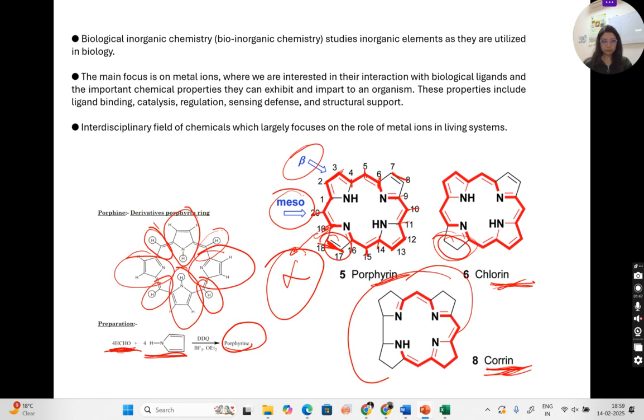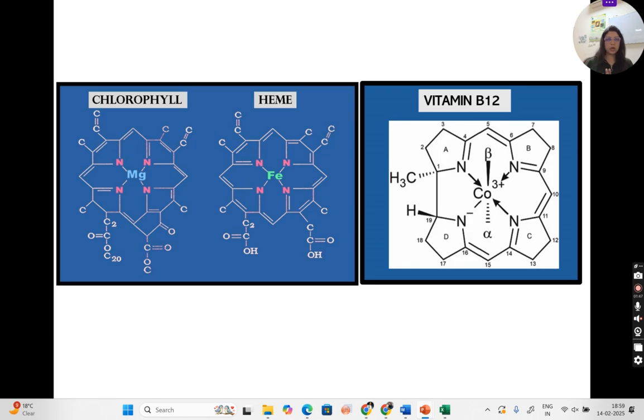Because in the chlorin ring there is a phenomenon known as chlorophyll, which happens in plants, and this consists of a chlorin ring with the metal magnesium, which helps plants in photosynthesis.